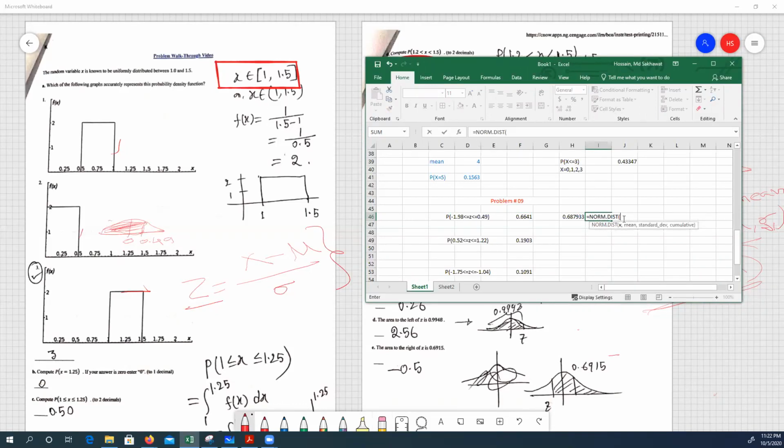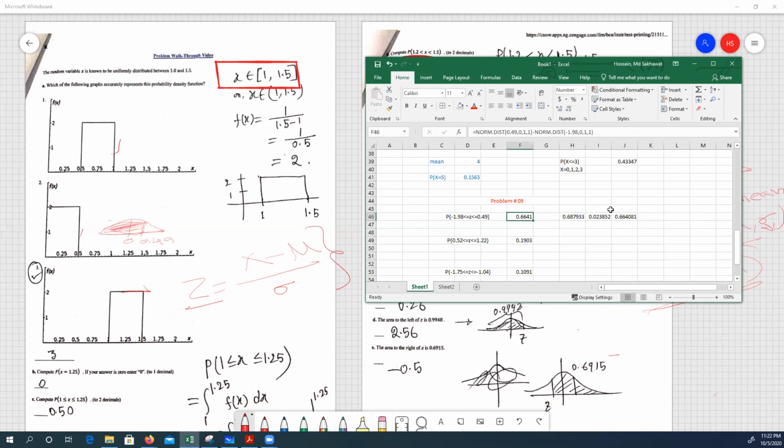The number is negative 1.98, comma the mean 0, standard deviation 1, comma cumulative. So this is the area. Okay, so now you can take the difference of these two probabilities, that means this minus this. So you can take the difference, which is 0.6640.